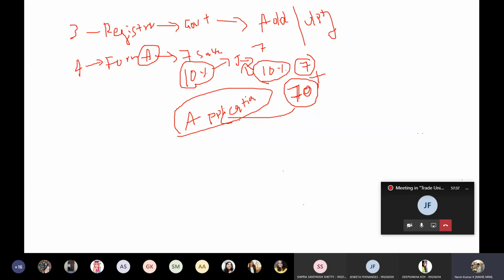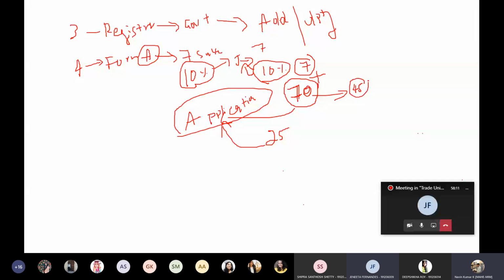Now when application is pending before the registrar, some people may change their mind. Suppose 25 people changed their mind and applied before the registrar that they don't want to become a member. Now the total members is reduced to, what is the number now? 45.